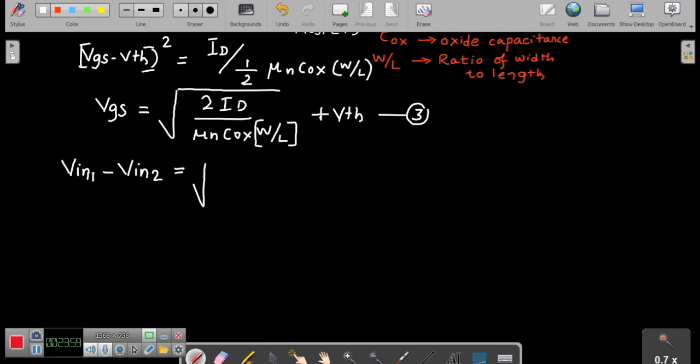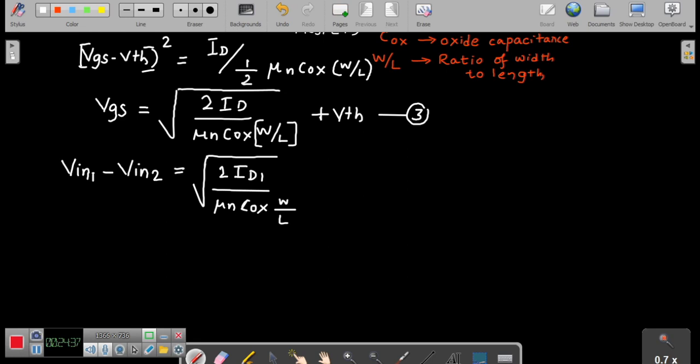I can write it as, using your mathematical manipulations, under root 2 into ID1 divided by mu n CoX W by L. In fact, the denominator here should have been mu n1 CoX1 into W1 by L1, because I am talking about the first transistor, but we have assumed that the two transistors are symmetric.